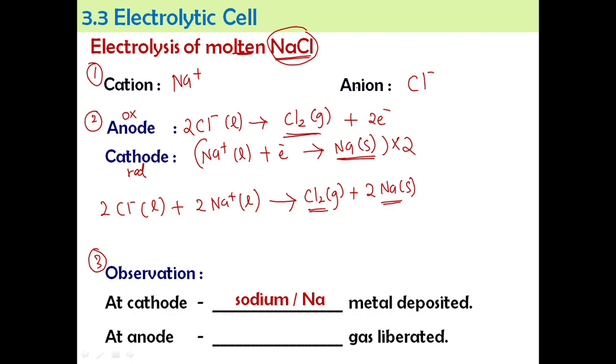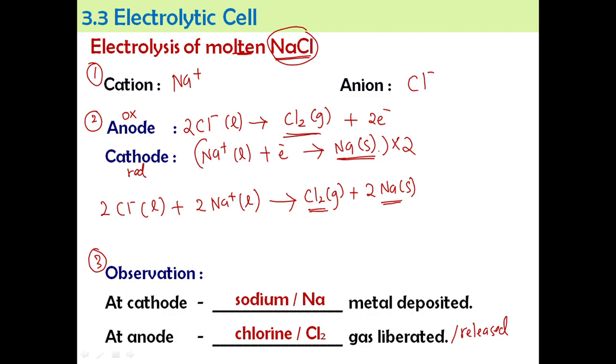So means chlorine or Cl2 gas is liberated. Jadi yang ni boleh je pakai release. Okay, sama je maksud dia. Jadinya electrolysis of molten NaCl, okay, salts akan hasilkan sodium metal dekat cathode dengan chlorine gas dekat anode. Barulah siap explanation for electrolysis process.